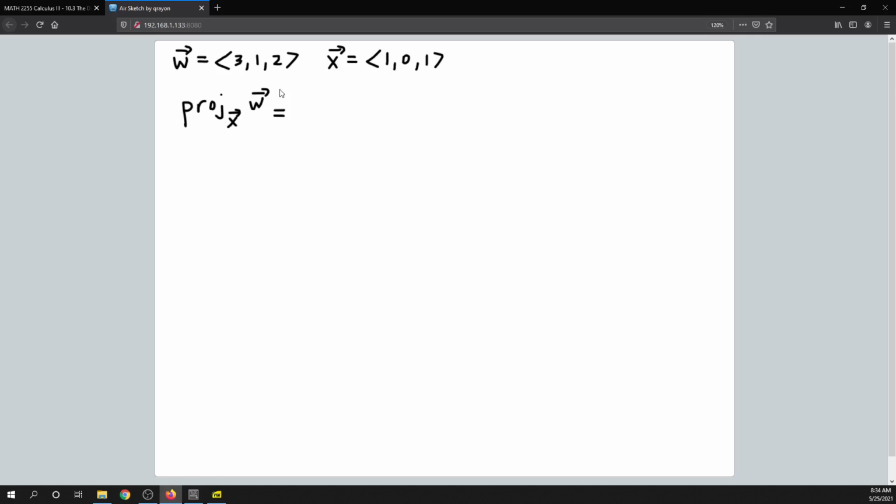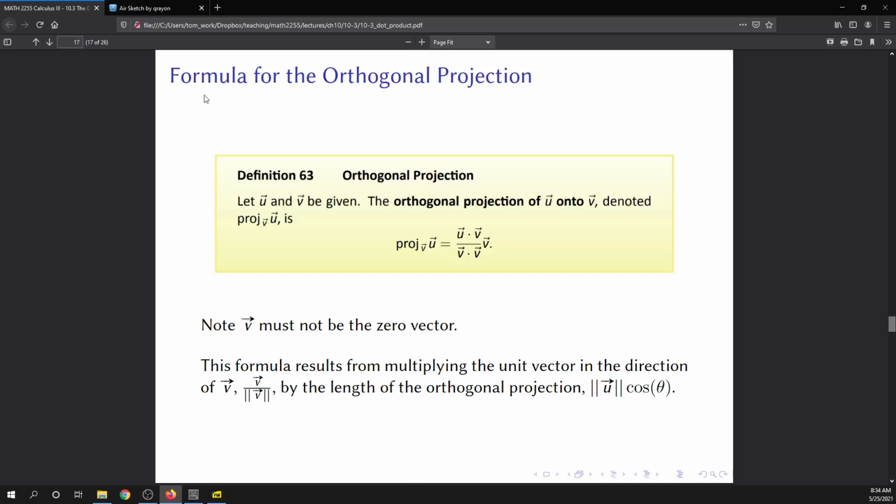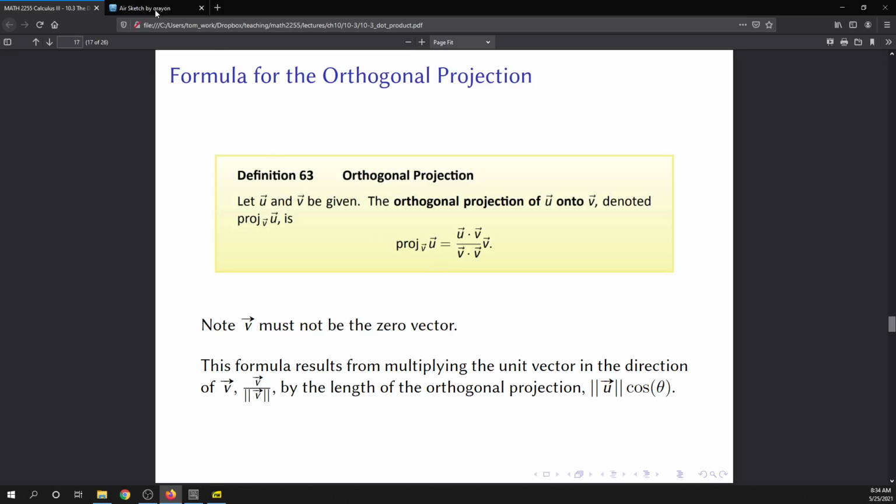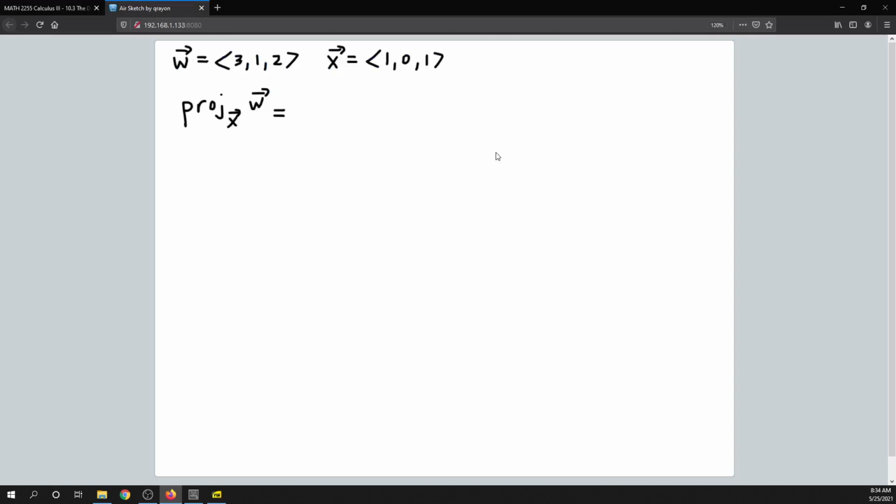On the top, remember the formula for the projection. We're projecting U onto V, so this is U dot V over the dot of V with itself, times V. In this case, the thing playing the role of U is W. That's the vector that we're projecting, and we're projecting onto X. So you just got to make sure that you're doing this in the correct way, because if you reverse those, you will potentially get a different answer.